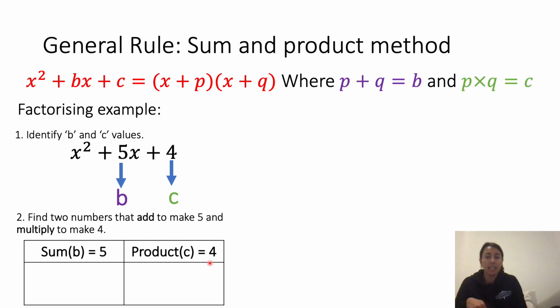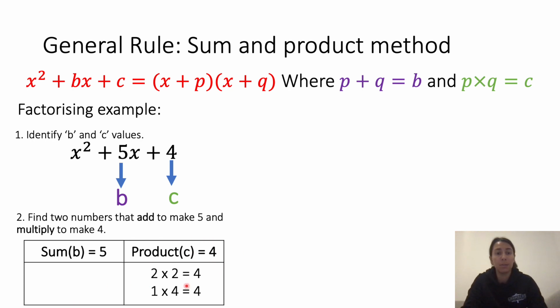I find it's easier to go through all my factors first. So I'm going to think of all my factors of 4. I can do 2 times 2 to get 4 and 1 times 4 to get 4. Now if I use the sum with these two numbers, here 2 plus 2 equals 4, so that would not fit my criteria because I need my sum to add up to 5.